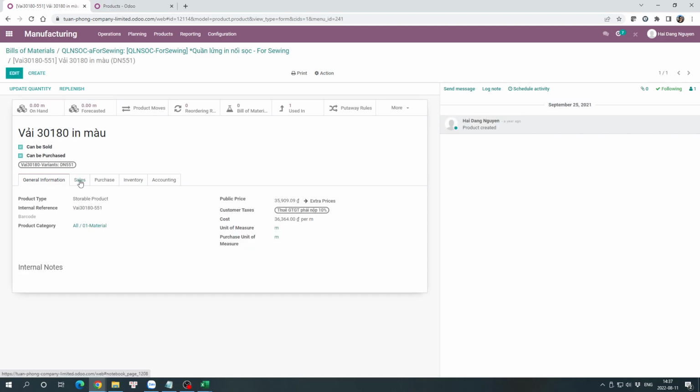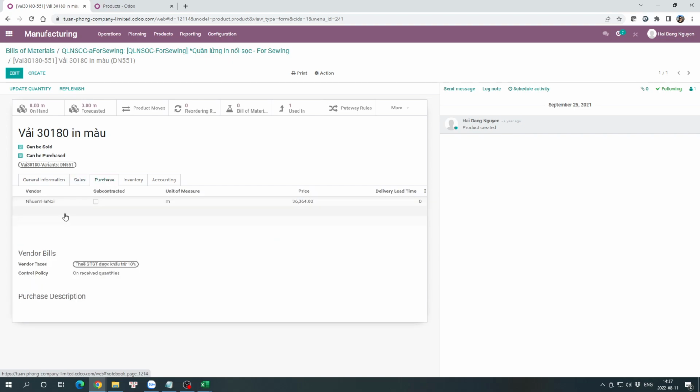All right. You don't really sell this. Purchase. Here you go. It's the price that you buy directly from this vendor, and it's not subcontracted for sure. You typically have tax with this vendor, so make sure you have it in place so that things are generated automatically. You wouldn't have to fix things manually in your purchase vouchers. Make life easy.